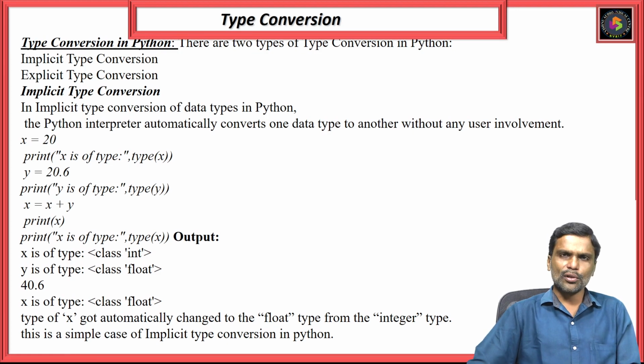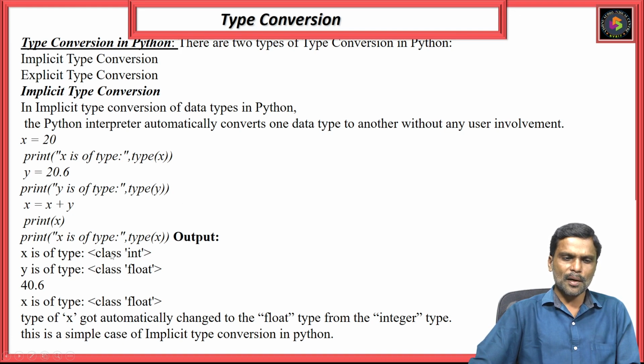Like in the C program, we would write int x is equal to 20 and float y is equal to 20.6, but here we are not defining any int or float. So the Python interpreter will itself automatically understand the respective data types. This is called implicit type conversion, where the interpreter converts automatically, with no involvement of the manual user.